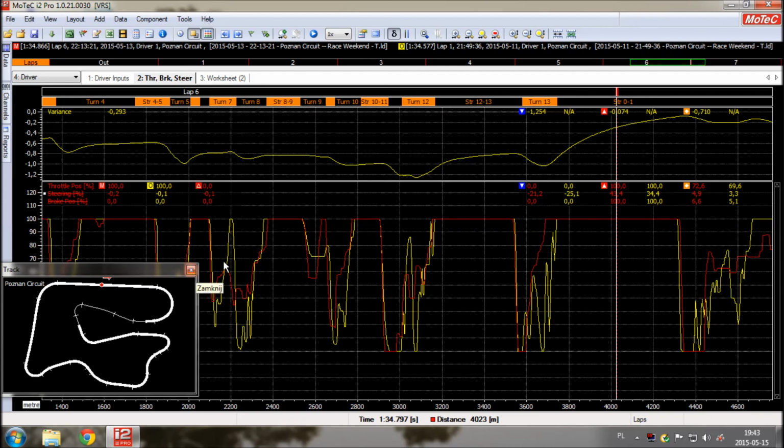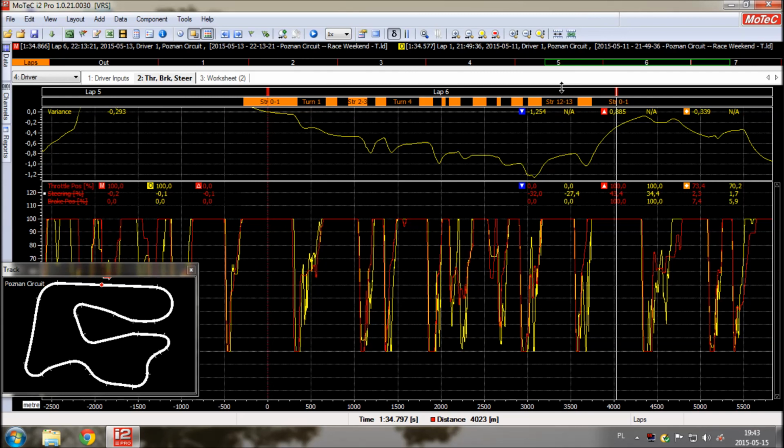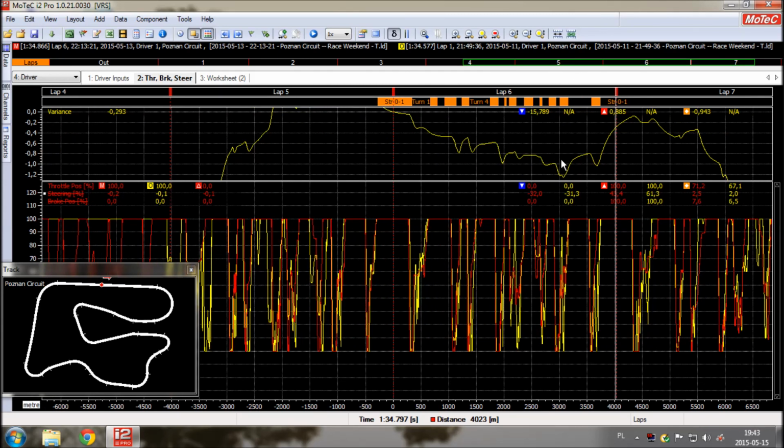He also is very happy, and another goal for the next session is to do another long stint, still improve throttle work, plus we are focused more on turn number 1.